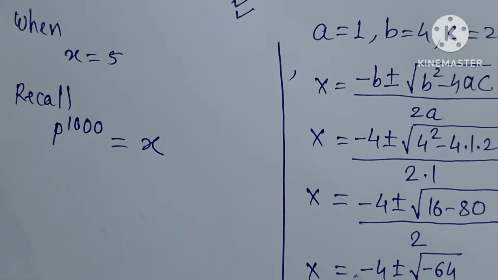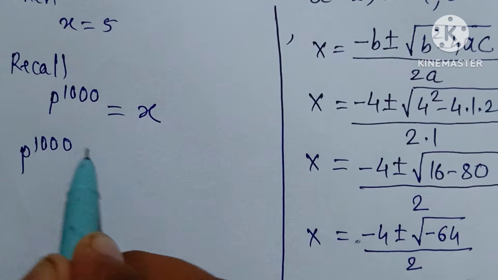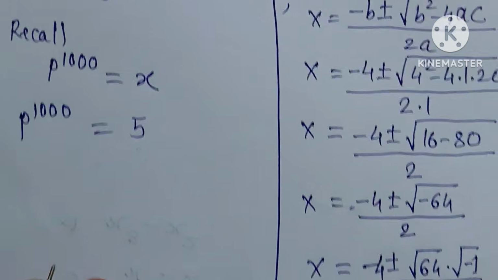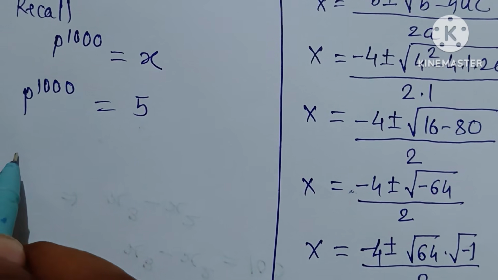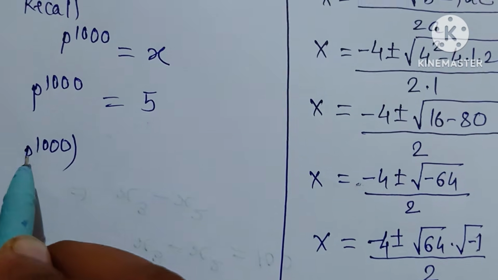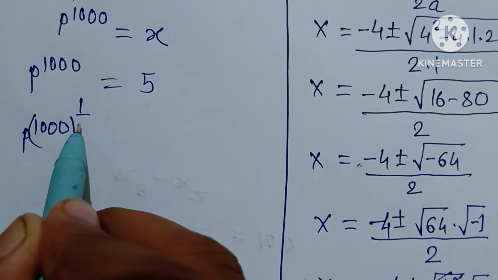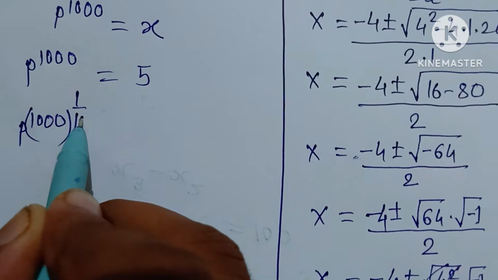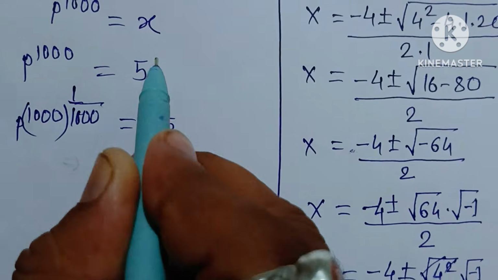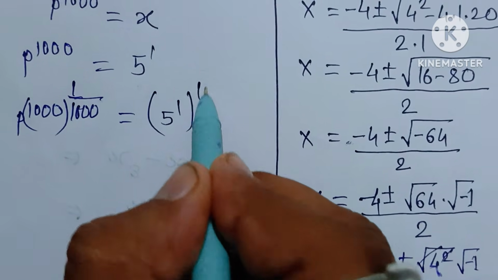Now we can solve this one here. p raised to power 1000 equal to x equal to, we will put here 5. Now p raised to the power 1000 equal to 5 raised to the power 1, so 1 raised to the power 1000.